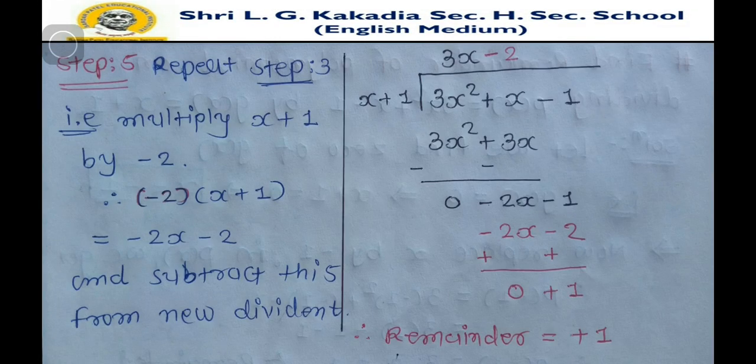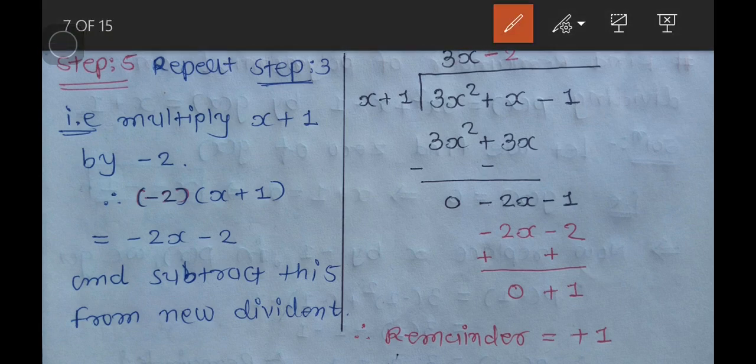So here in step number 5, we repeat step number 3. What do we do? We multiply x plus 1, our divisor, by minus 2, the second term of the quotient.